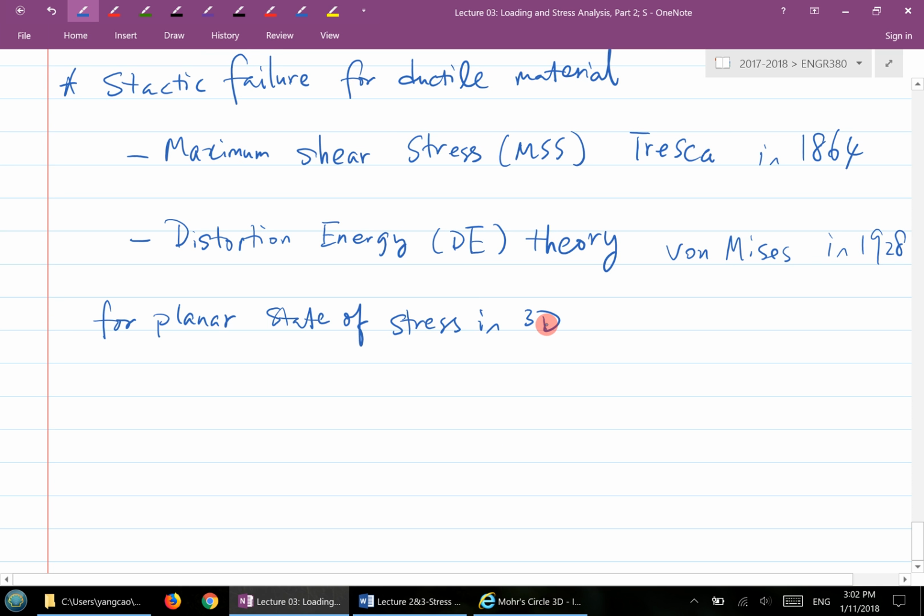In 3D basically means we have three principal normal stresses. And as I just derived, when you have a planar state of stress and look at it in 3D, you end up with one principal stress being 0. And the other two principal stresses are obtained from the planar state of stress values, which is this one.